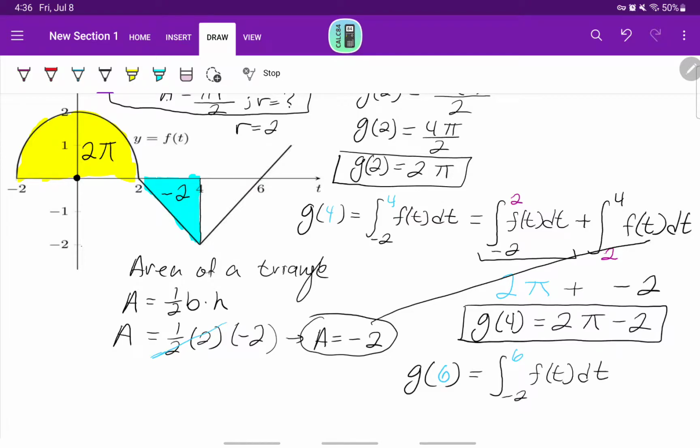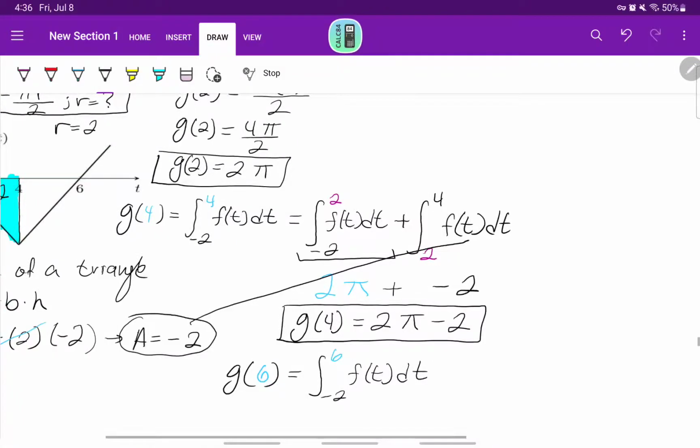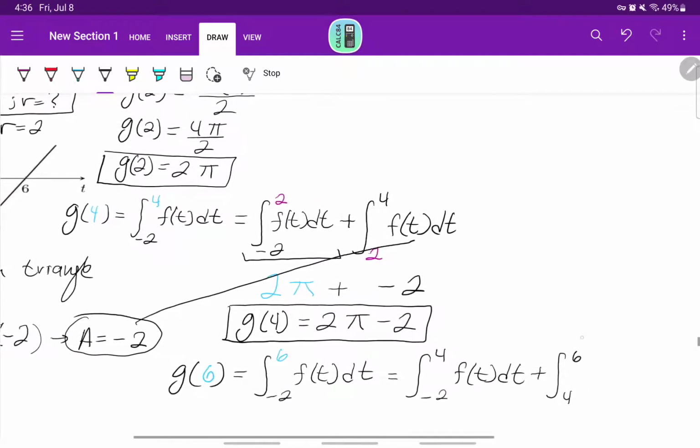And I'm going to break that up once again. I'm going to write this as the integral from -2 to 4 of f of t dt plus the integral from 4 to 6 of f of t dt.